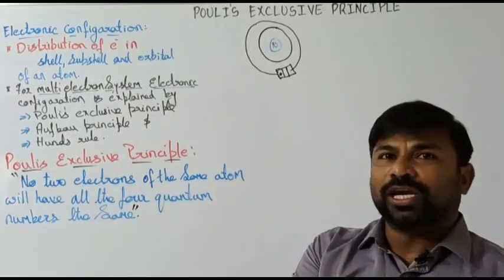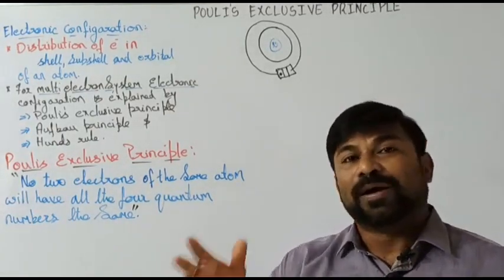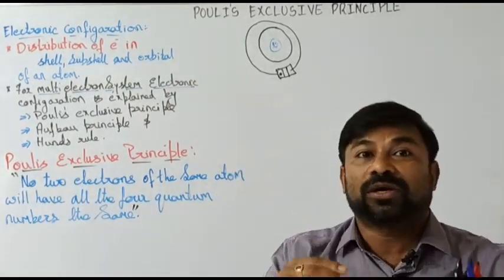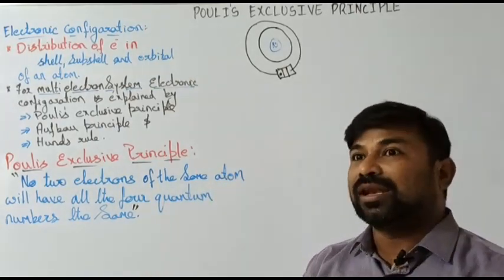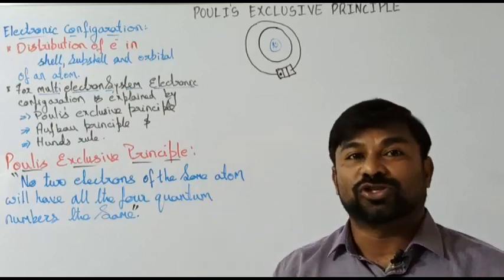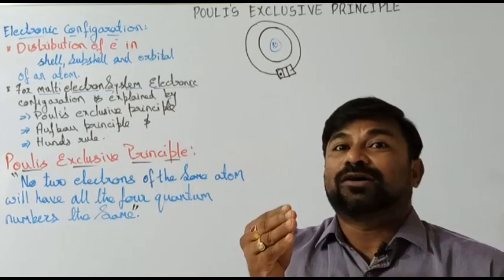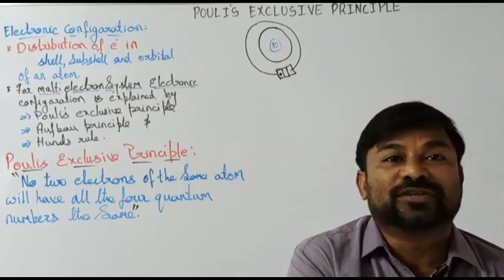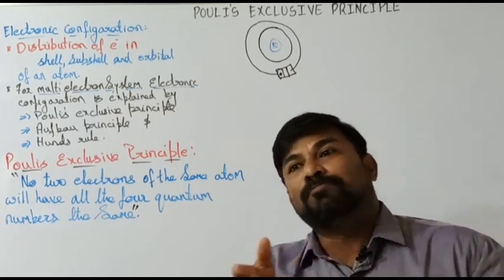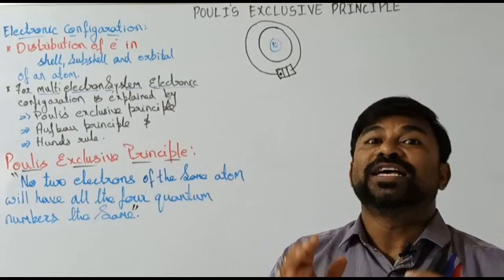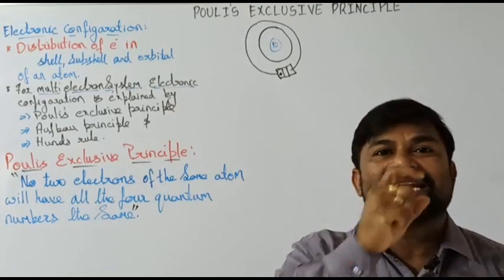Of course, if it is a uni-electronic system, there is no issue. But if it is a multi-electronic system in which there are many electrons, then certain procedures should be followed. Which orbital has to be filled first, basing upon the energies, basing upon the principal quantum number, the azimuthal quantum number, especially basing upon the energies.